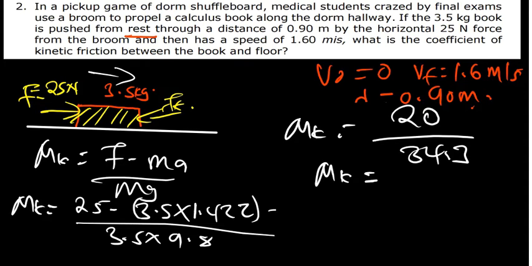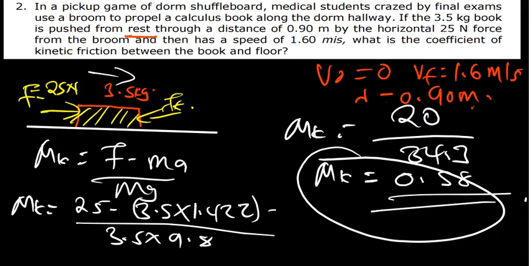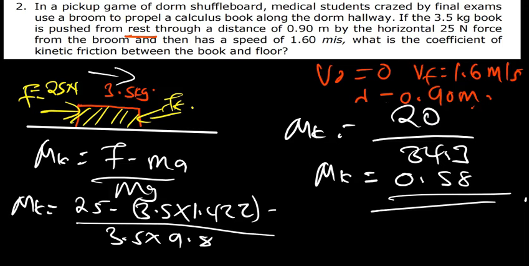So 0.58 is going to be my mu value. Now what we need to understand again here is that this is the coefficient of friction. Coefficient of friction is always less than 1.